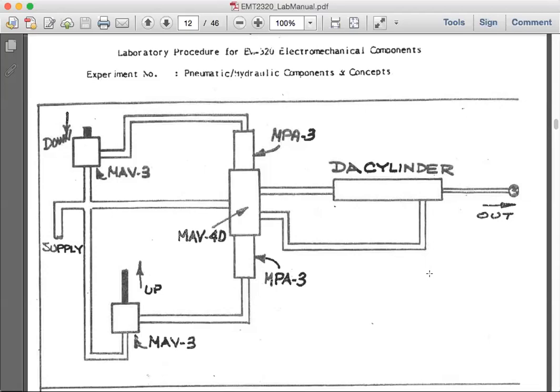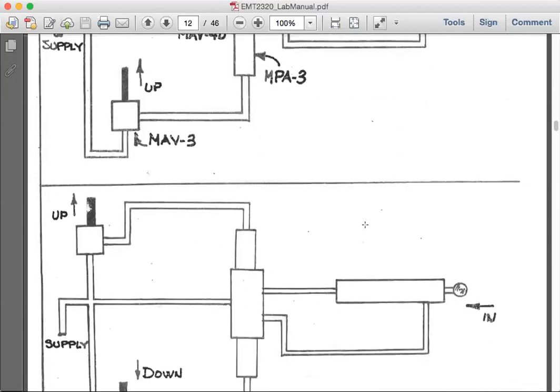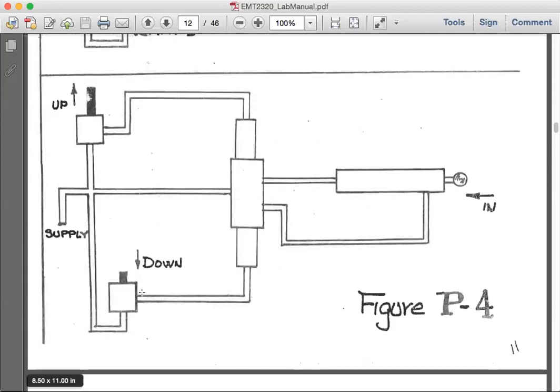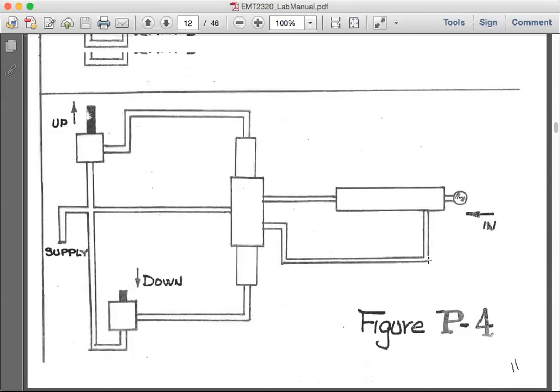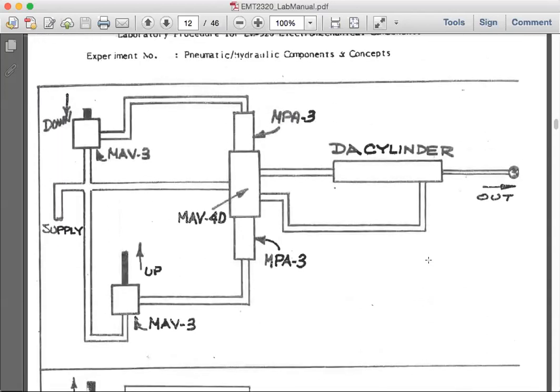So I want you to find out by looking at the system and by looking at the MAV4D valve and see if it actually works the way it is on this diagram: that when you press the top three-way valve, the piston extends, and when you press the bottom valve and this valve is up, the piston would return. So I want to give you a couple of minutes of actually trying to analyze the system before I analyze.